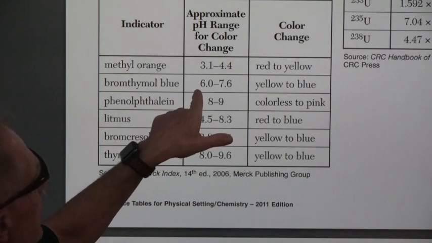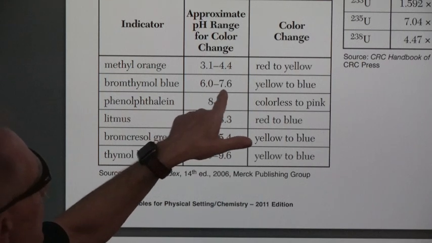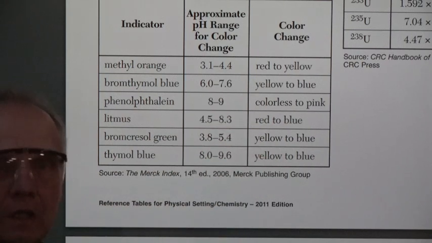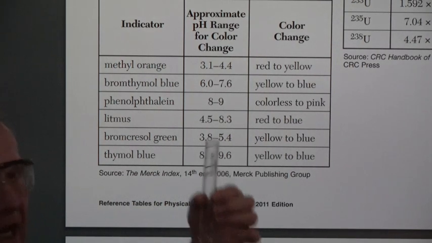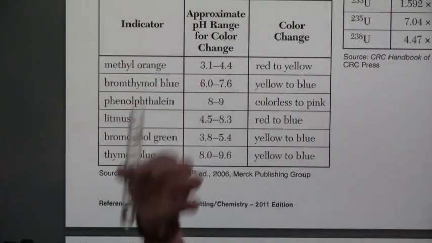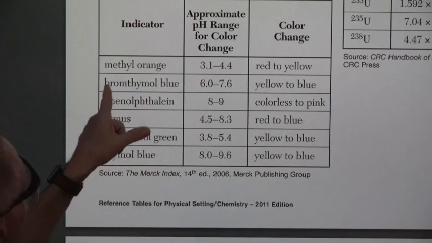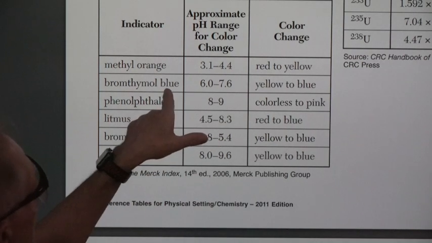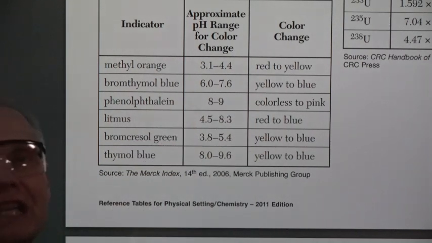It goes from a pH of 6, which is acidic, to a pH of over 7, which is a base. So, here is bromothymol blue. I have an acid right here. So according to bromothymol blue, when I pour this acid in bromothymol blue, it should turn yellow.